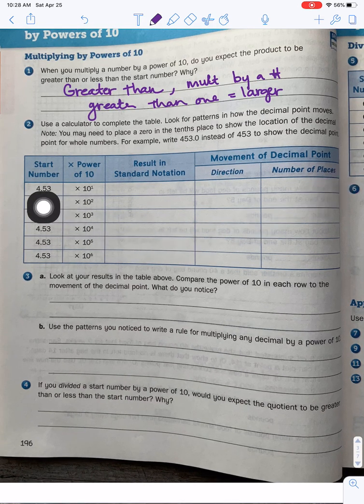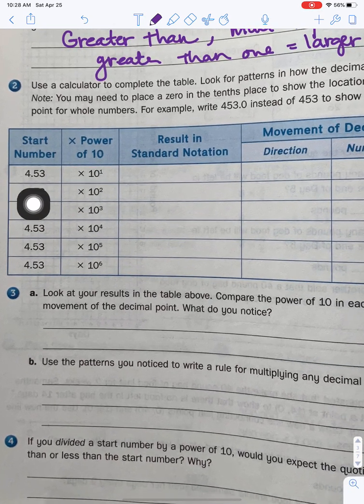Okay, let's start with this first one. 4.53 times 10 to the power of 1. So basically 10 to the power of 1 would just be 10.